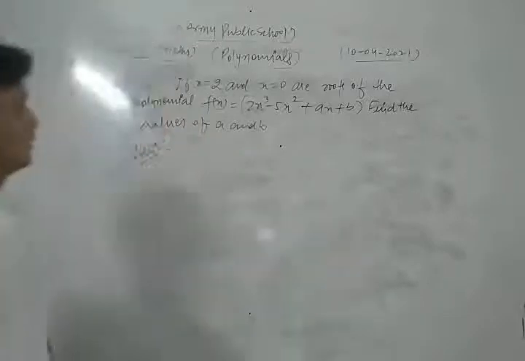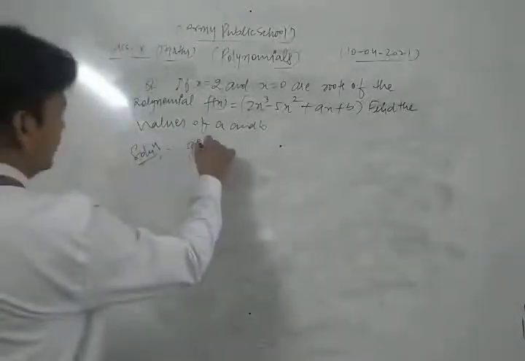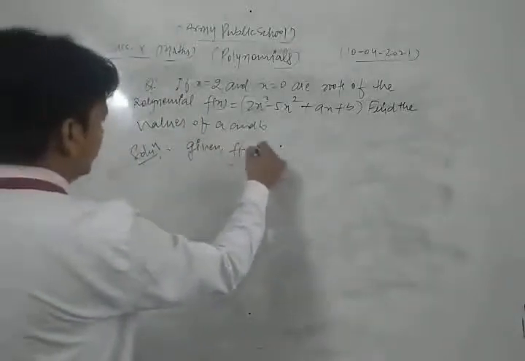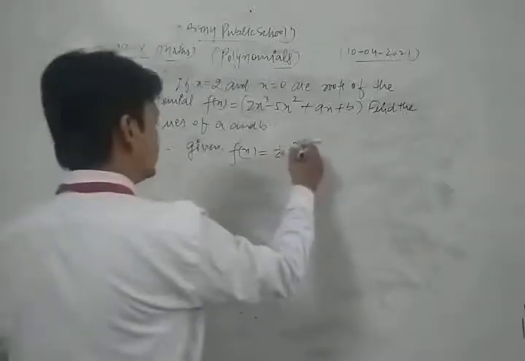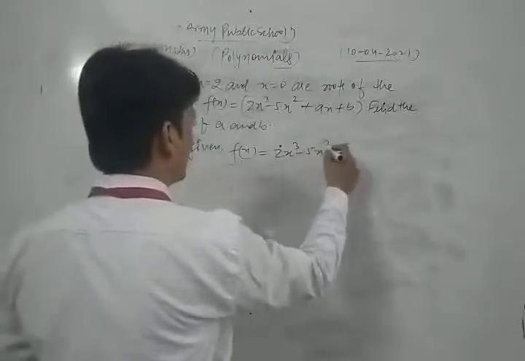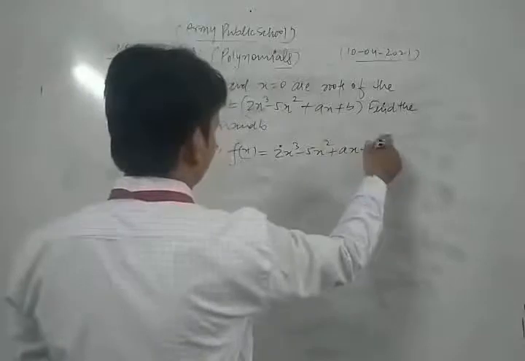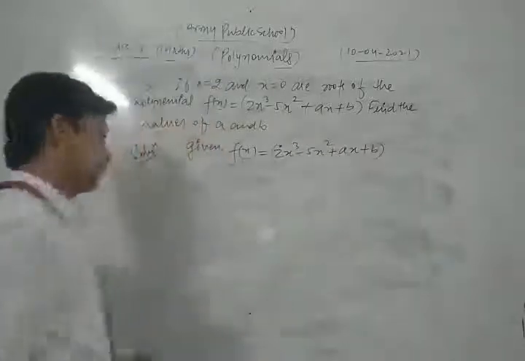Let's see, dear friends. First of all, we write the given polynomial f(x) is equal to 2x cube minus 5x square plus ax plus b.